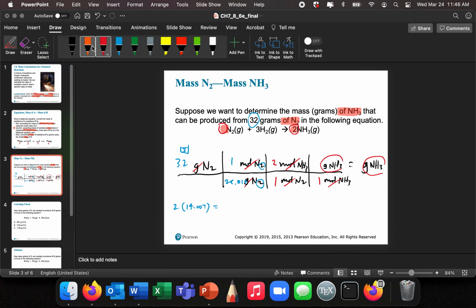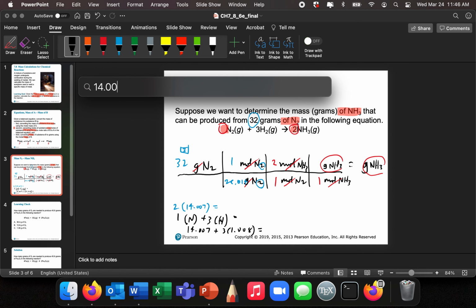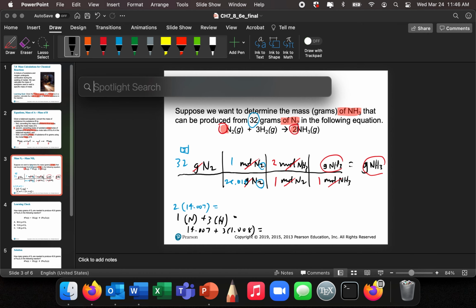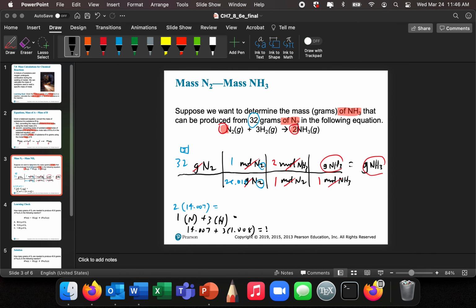So for ammonia, it's 1 times nitrogen plus 3 times hydrogen. 14.007 plus 3 times 1.008 gives me 17.031.